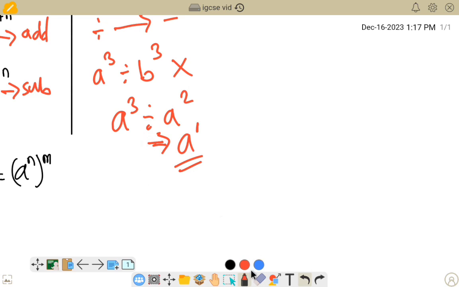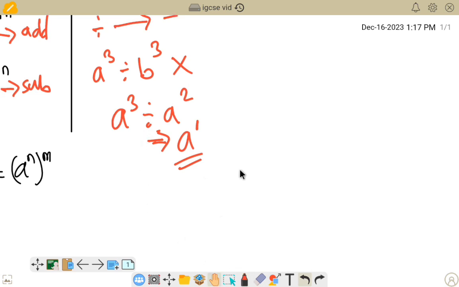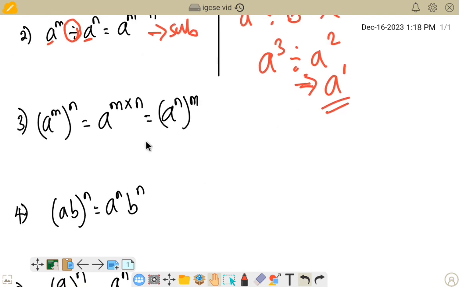Okay, so now let's move on to the next part. The next law is the product law. This is the power multiplication of products. You have a raised to the power m, all raised to the power n. So you have a raised to the power m times n. This is power, this is power. That means two powers can multiply each other. You can form a product of two powers.